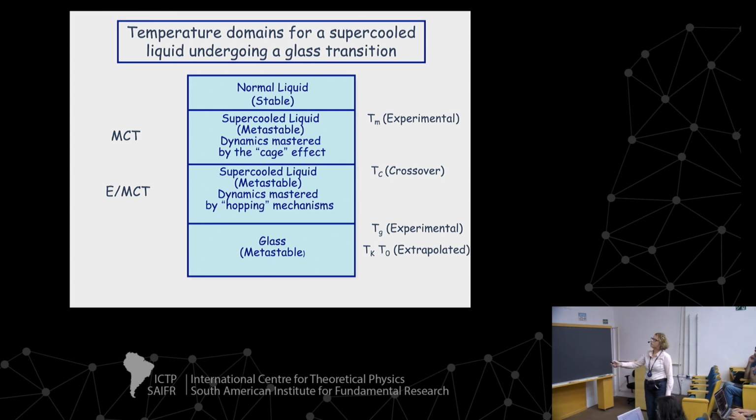So let me tell you this again. We have a normal liquid, we go down, and we have a melting temperature, which is experimental. Then we have a region in which, for simple liquids, mode coupling theory works, and the dynamics is governed by the caging I described, the caging by the neighbors, okay?